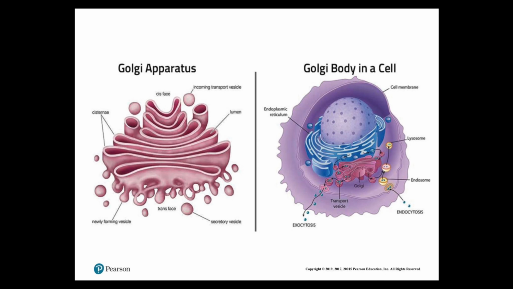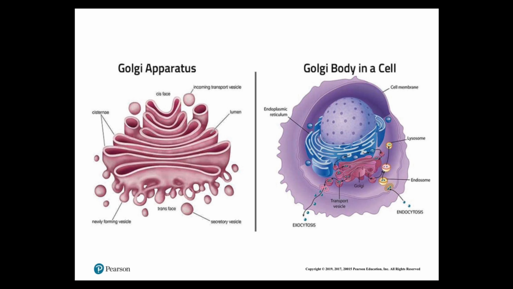The figure on the left shows you the Golgi apparatus on its own. So the cis face is what receives the incoming transport vesicles. Then packaging occurs within the lumen of the cisternae. And then the trans face will form the secretory vesicles that will send whatever was sorted inside to different destinations.